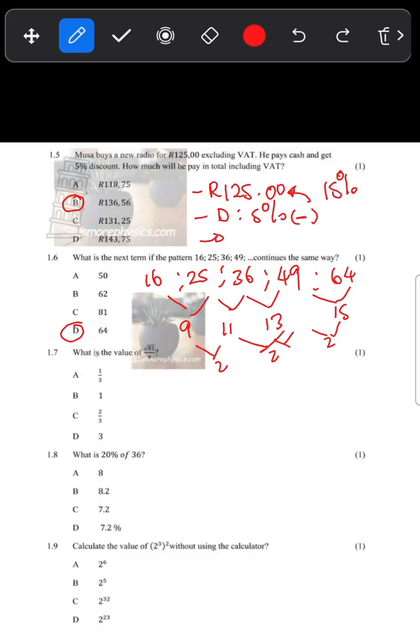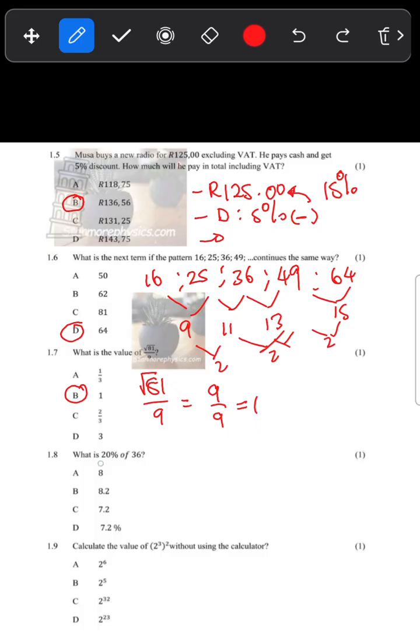Okay. 1.7, they say what is the value of the square root of 81 over 9? What is the square root of 81? It is 9, divided by 9 equals 1. So your answer here is B. Okay, simple.